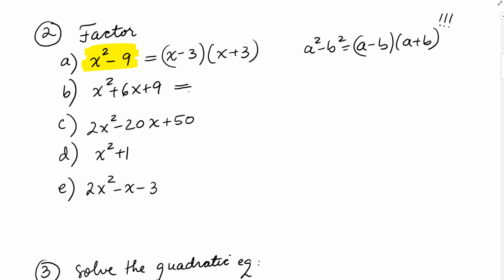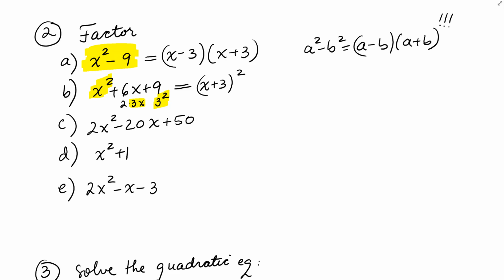x squared plus 6x plus 9 is another type of problem that shows up. Now, if we take a look at the numbers, this 9 is 3 squared, and this 6 is 2 times 3 times x. So when we have a perfect square, and then another perfect square, and then 2 times the product of those numbers that were giving us the perfect squares, this is actually x plus 3 squared.